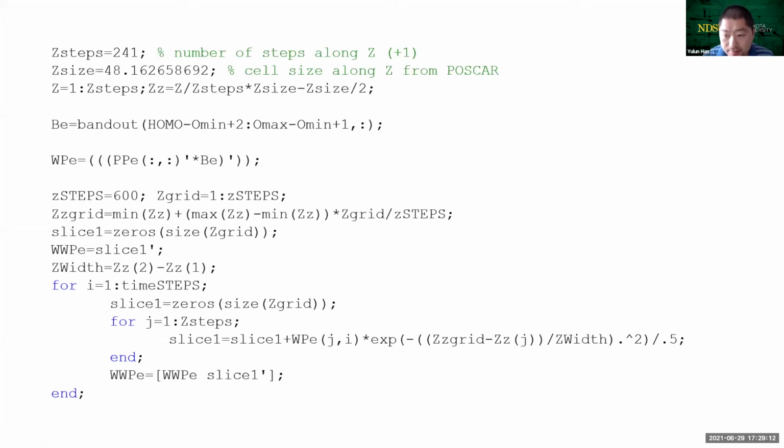Any question on this one? Yes. Line number 5, WPE. What was wrong with it before this one? Why are the next 10 lines needed? Basically, this line and the second from the bottom, WPE and WWPE, show the same data. They show how the distribution in space changes over time.